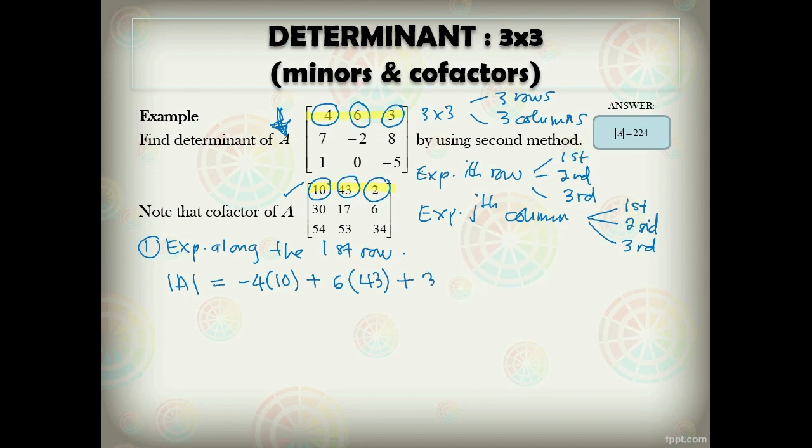So 3 multiplied with 2. When you solve this operation, you should get 224.